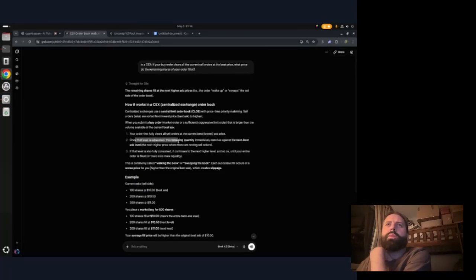Once that level is exhausted, the remaining quantity immediately matches against the next best. If that level is also fully consumed, it continues to the next higher level, and so on. Walking the book, sweeping the book. Each successive fill occurs at a worse price for you, higher than the original best ask, which creates slippage.